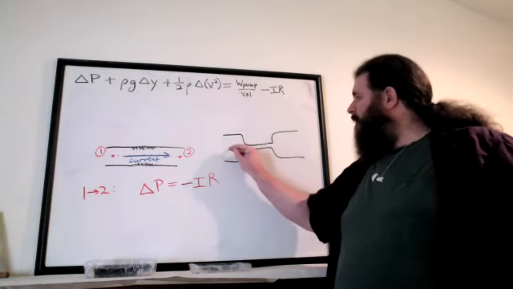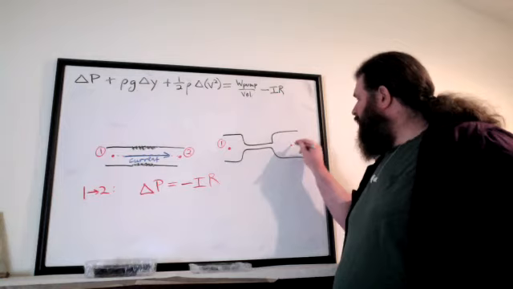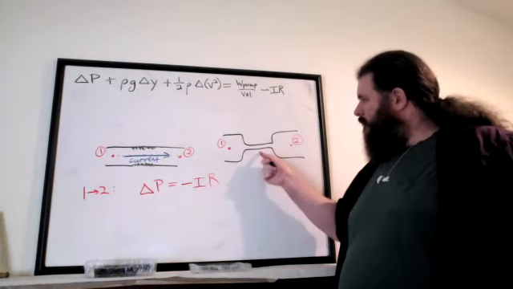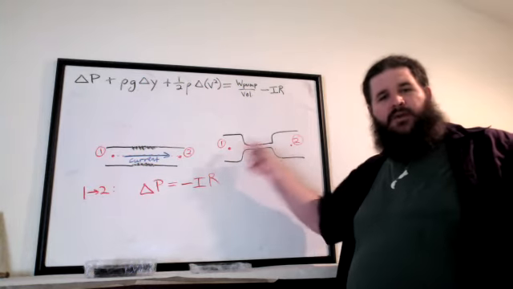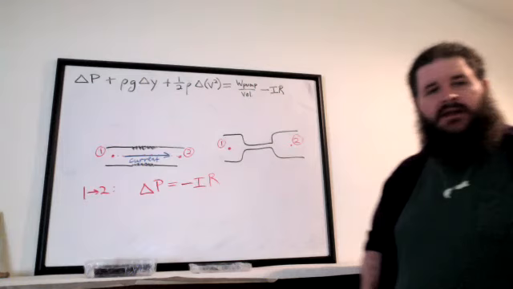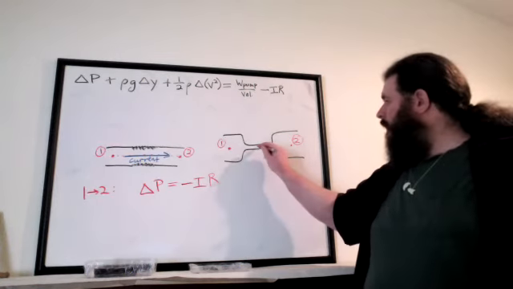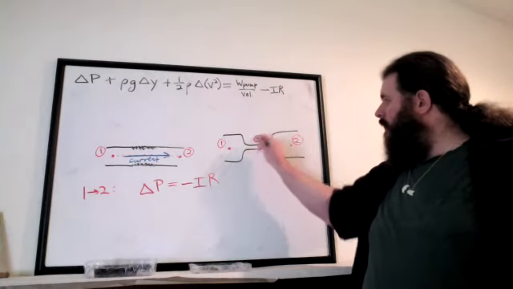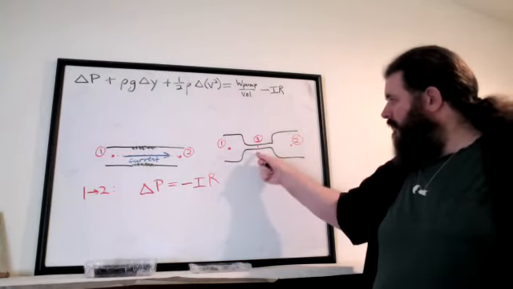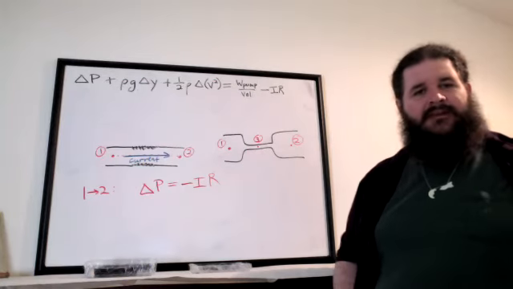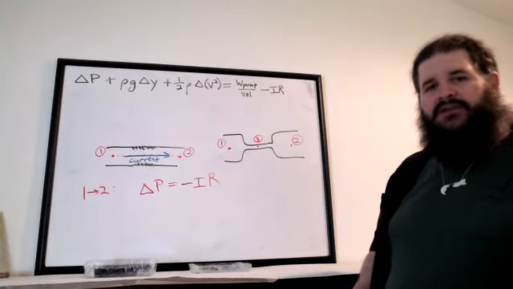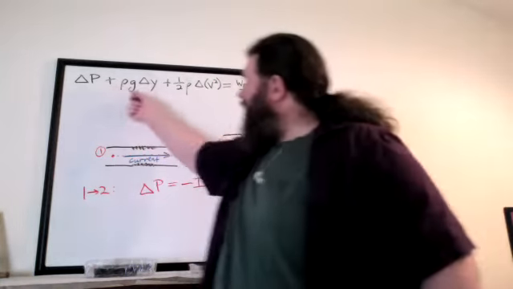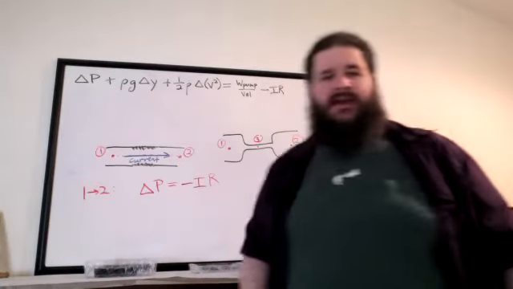Now, if you're comparing point 1 here and point 2 here, regardless of the narrow zone in between, points 1 and 2 have the same cross-sectional area. So that wouldn't matter. But if you were comparing point 1 and point 3, then there would be a difference in area. And once again, this goes back to the idea that all these deltas on the left side only care about initial and final value.